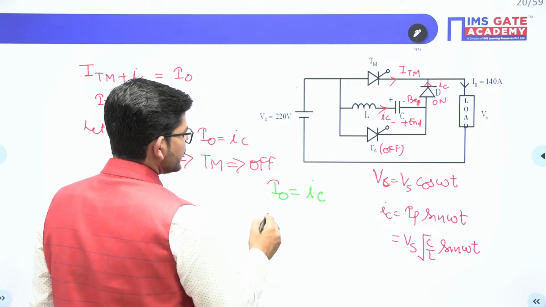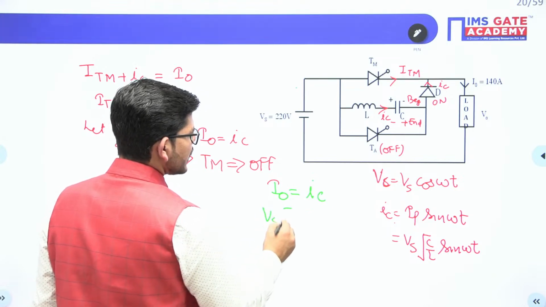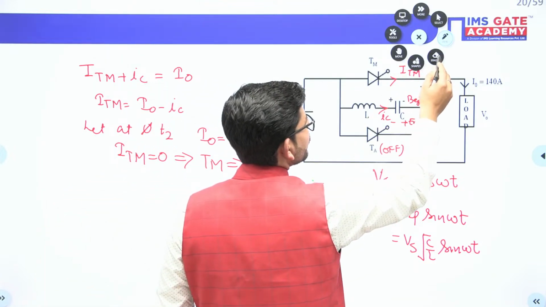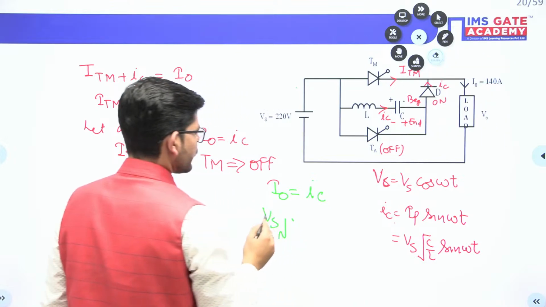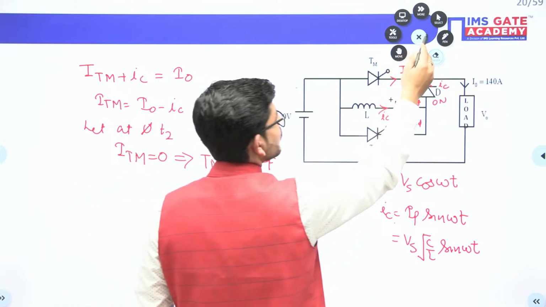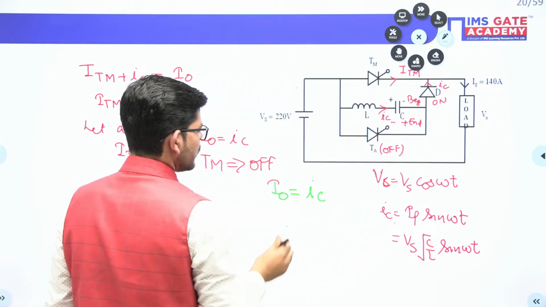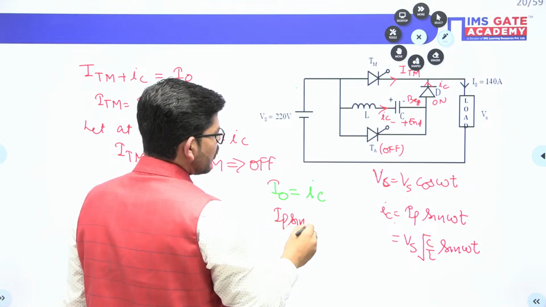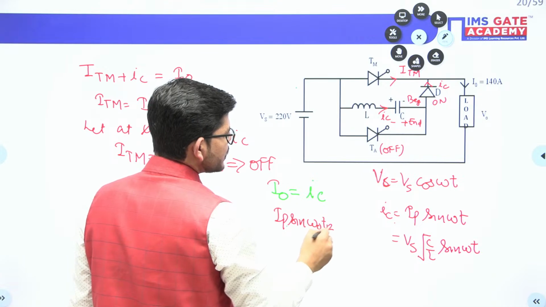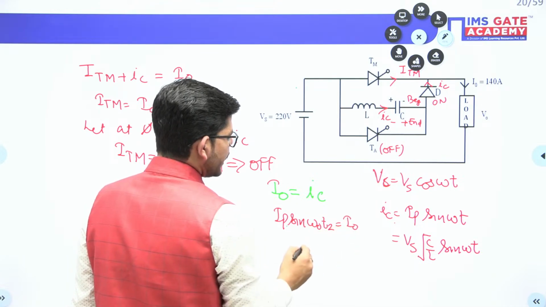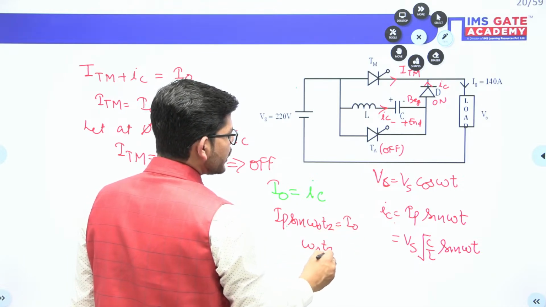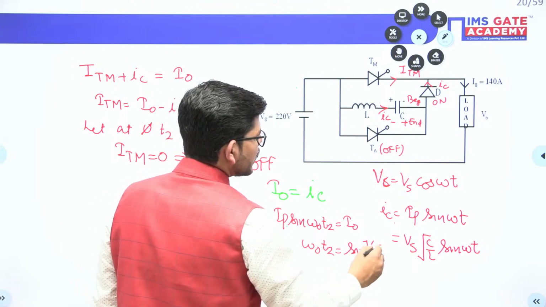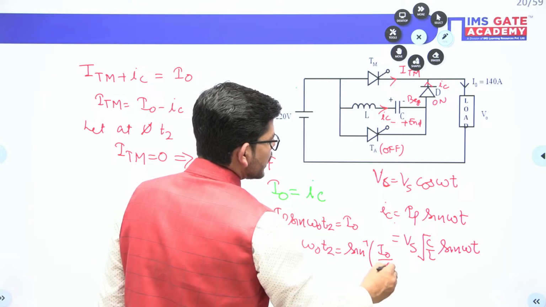So what is IC? IC is IP sine omega naught T, and the instant is T2. This is equal to I naught. So what will be omega naught T2? Omega naught T2 will be sine inverse of I naught upon IP.